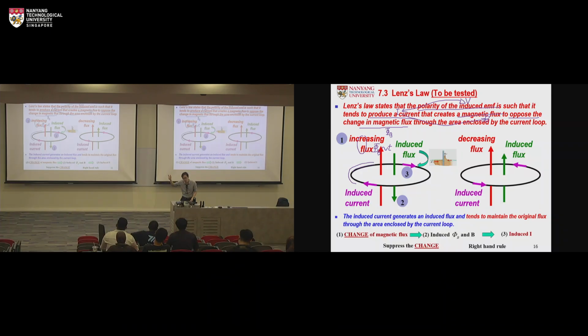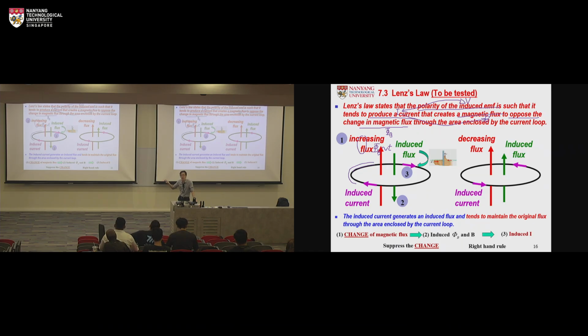So step one, finish. And then step two is the Lenz's law will tell you the direction of the induced flux. And the principle is to say the induced flux should always try to oppose the change of the initial flux.